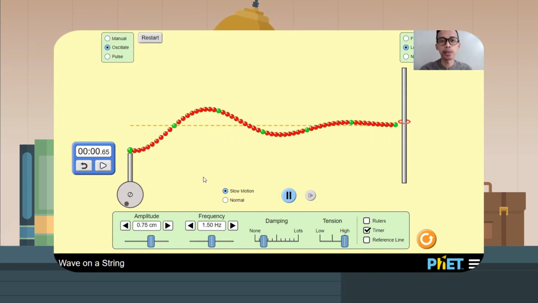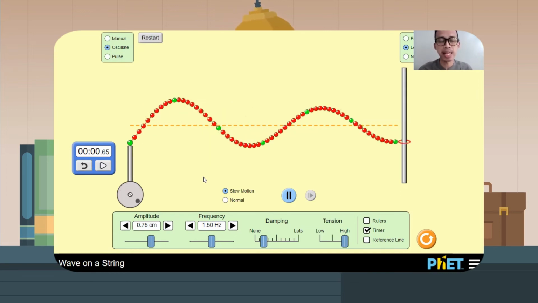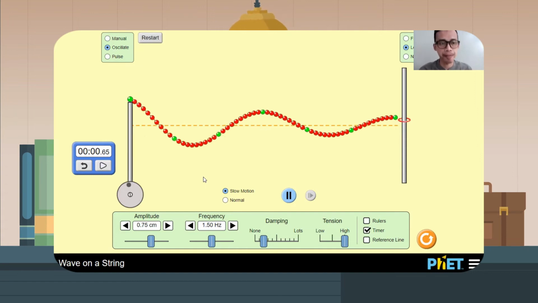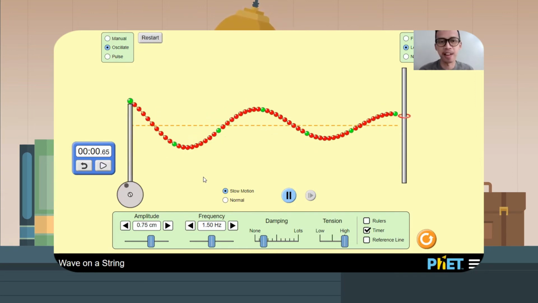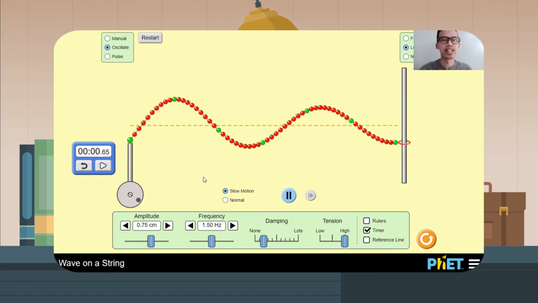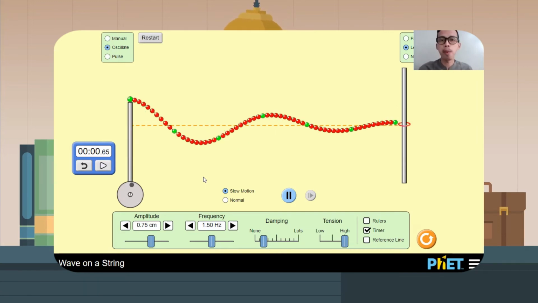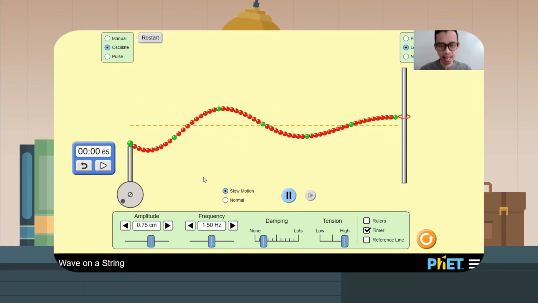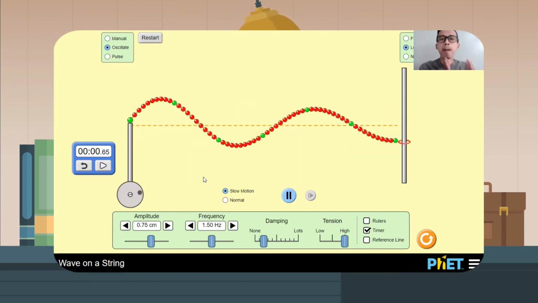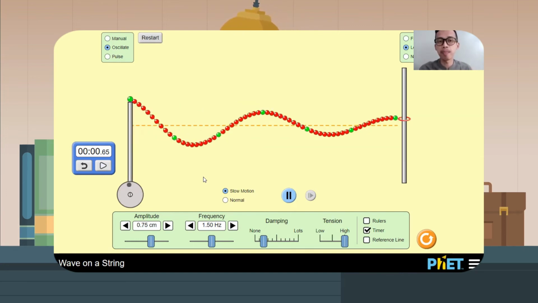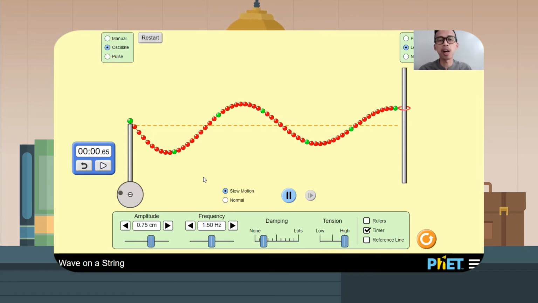Then we can conclude that the period of this wave is 0.65 seconds. One more time: period is the time taken for one complete oscillation.